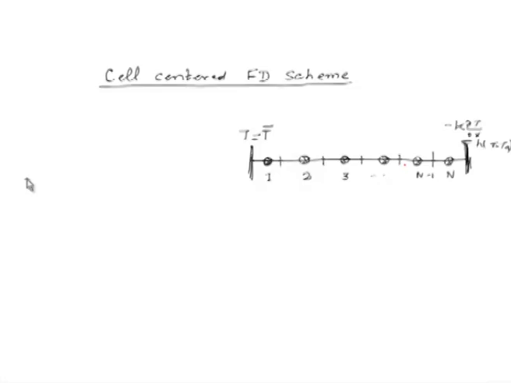As I mentioned earlier, since all these grid points happen to be internal, at each grid point we would replace our governing equation by a discrete counterpart using central difference approximation.